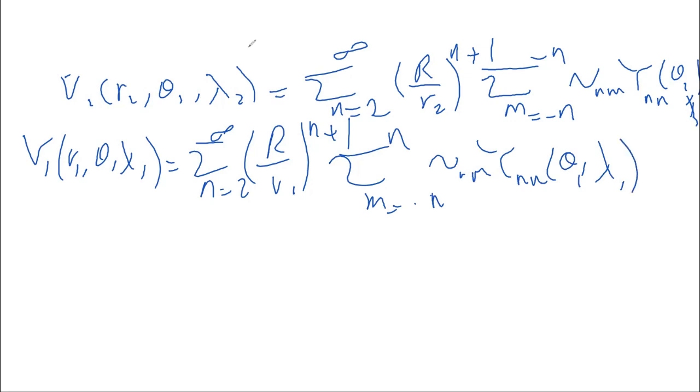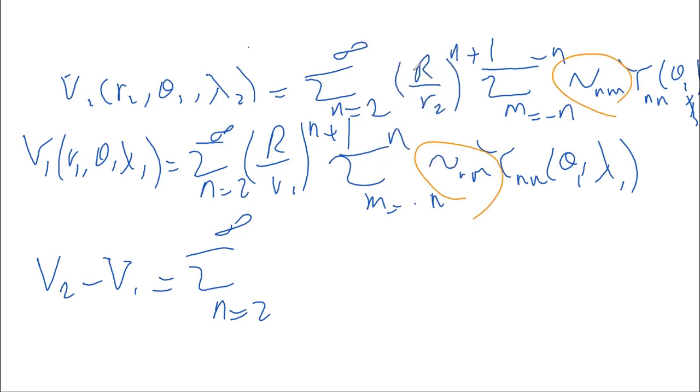So if I subtract V2 minus V1, simply I come to this sum, and as you see, V n m is constant in both cases because the gravity field is the same for both satellites.